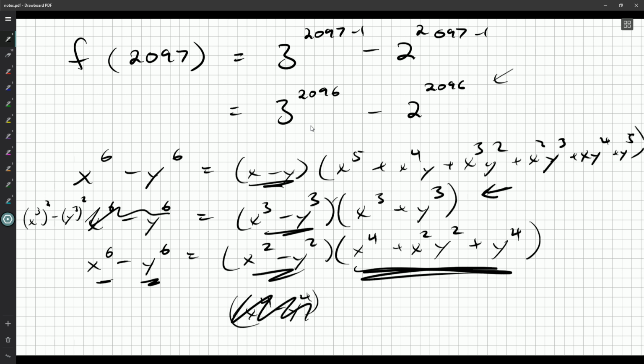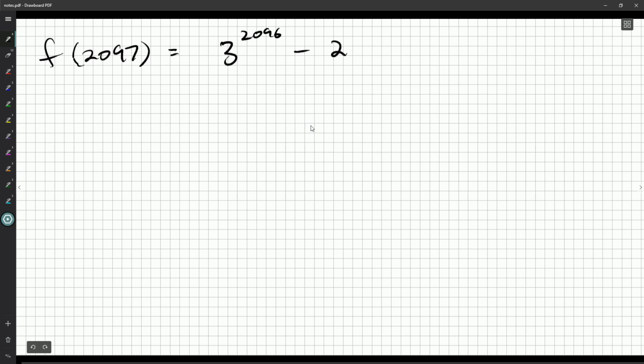Okay? Anyway, so f of 2097 is 3 to the 2096 minus 2 to the 2096, which I will factor as 3 to the 8 minus 2 to the 8, but now this is a difference of squares. We'll say this is 3 to the something.